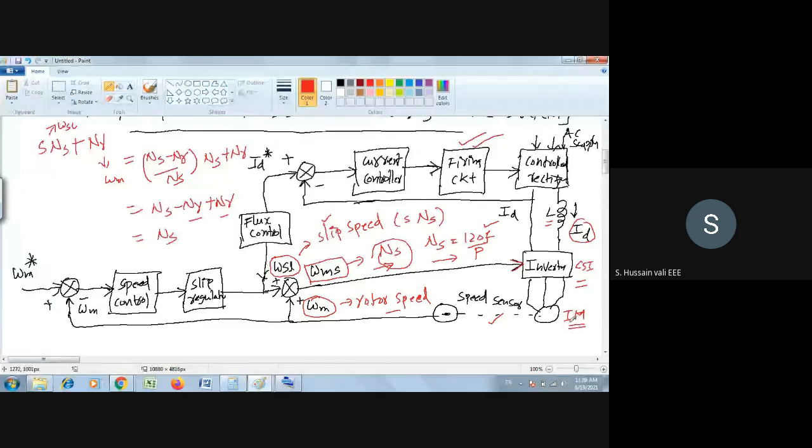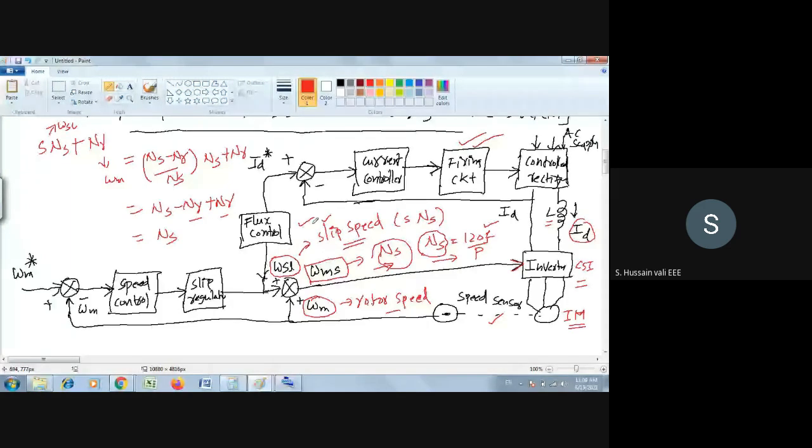That F you are getting from the information of NS. How you are getting NS? You are getting NS by adding slip speed with the rotor speed. How you got the rotor speed? You are getting the rotor speed from the sensing of the actual rotor of the induction motor. Whereas how you are getting the slip speed here? That's the question. You are getting the slip speed from the flux control box.